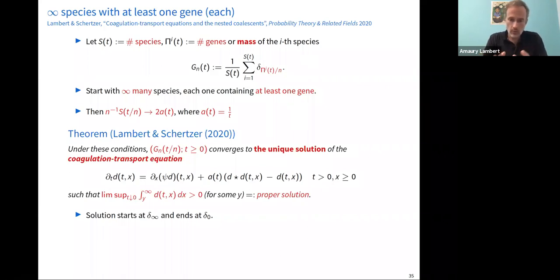So we showed with various tools, including probabilistic tools and McKean-Vlasov type of solutions, that there is a unique solution to this equation.